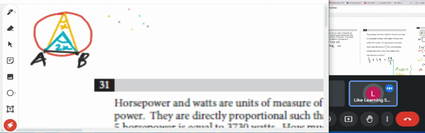A chord is any line that runs from one part of the circumference to another part, not necessarily passing through the center. If it passes through the center, what will you call the line? The diameter. So the diameter is a special kind of chord. Now, why I'm giving you this is you can get a question where you are required to state the name or say something about it, or it is implied in the question. They will just tell you a chord does this, something does this, and all of that.